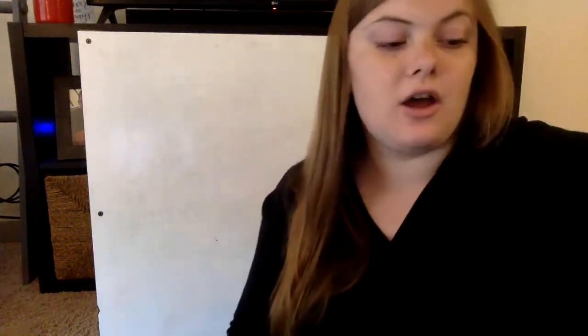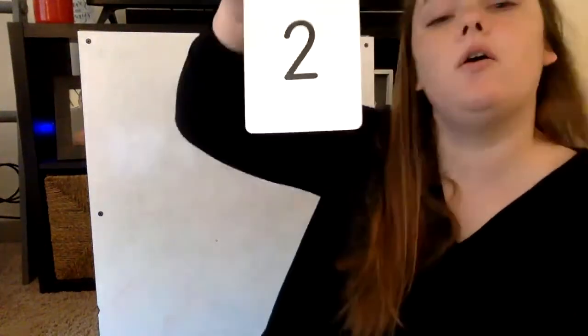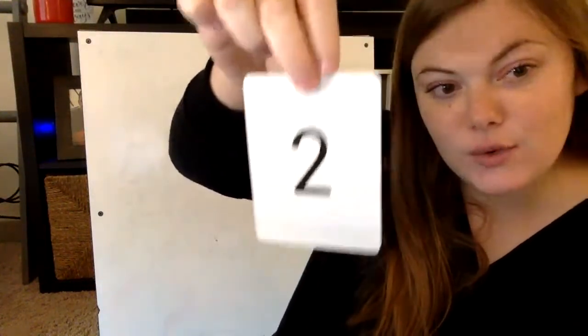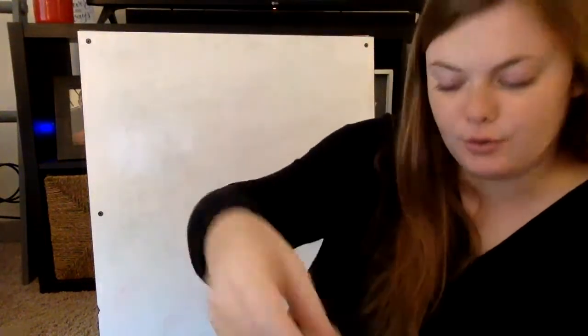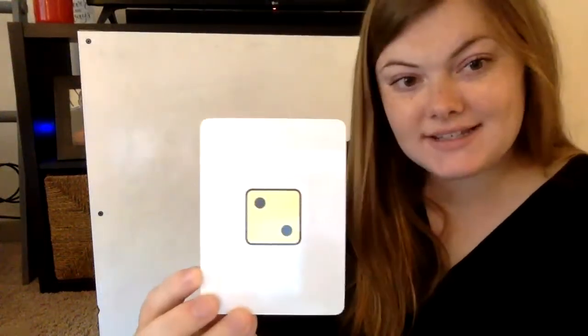Good job. Okay, now we're gonna start on the next number. So, what is this number? Yes, 2. Good job. It's the number 2. So, we're gonna have the same representations. This is our dice. How many dots are on our dice? Yes, 1, 2. 2 dots on our dice.